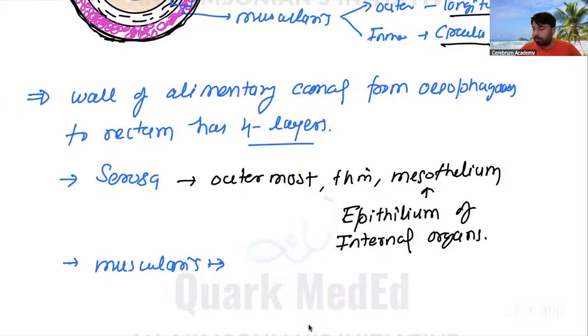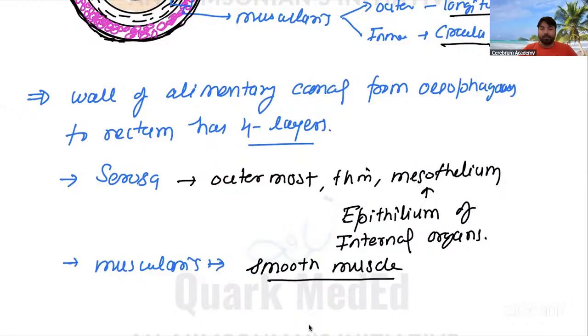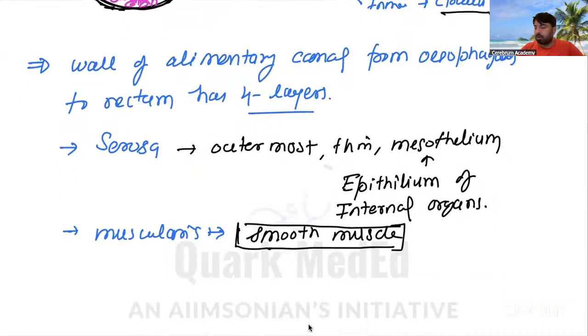Muscularis layer is made up of smooth muscle. And you know why smooth muscle? Smooth muscles are involuntary. Involuntary means they are not under control of our brain. If we have to start digesting the food, we can't order our stomach to start digesting the food. It functions on its own.